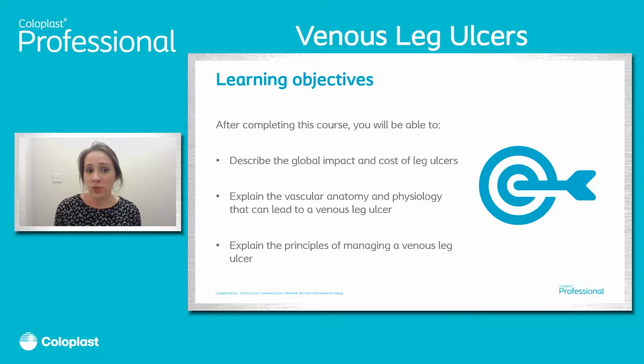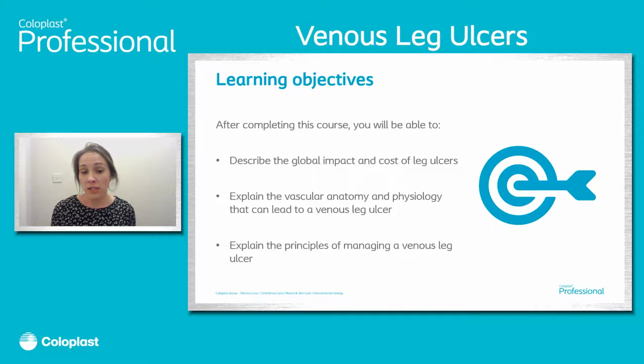So some of the learning objectives and things that you should be able to do after this session is to be able to describe the impact globally that leg ulcers can have, as well as the impact on an individual patient or service. Explain the vascular anatomy and physiology that can lead to a venous leg ulcer, which can really help us in explaining and educating our patients or carers that are helping us to look after these people with venous leg ulcers.